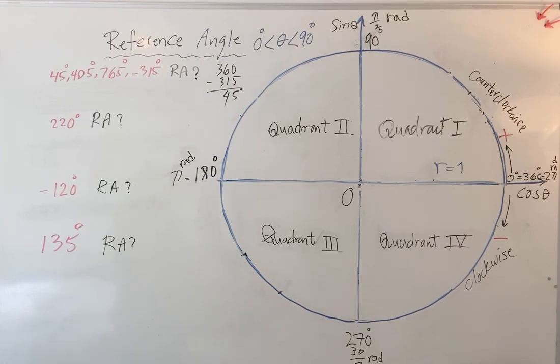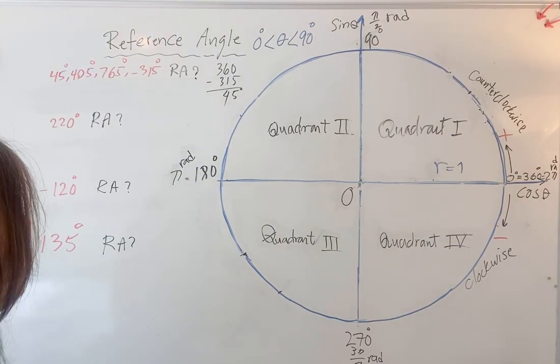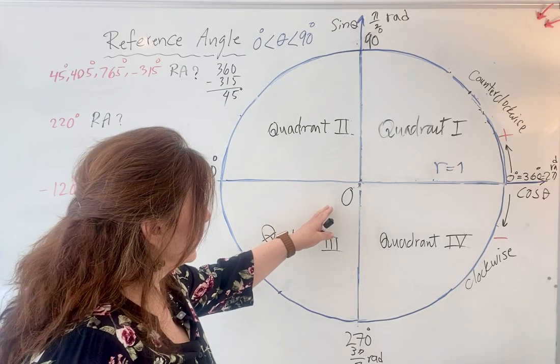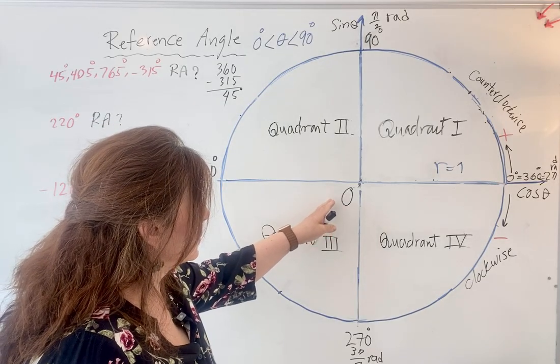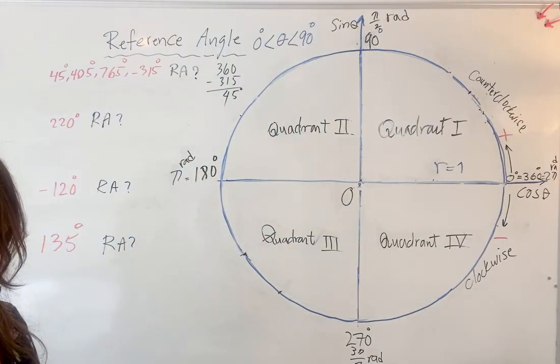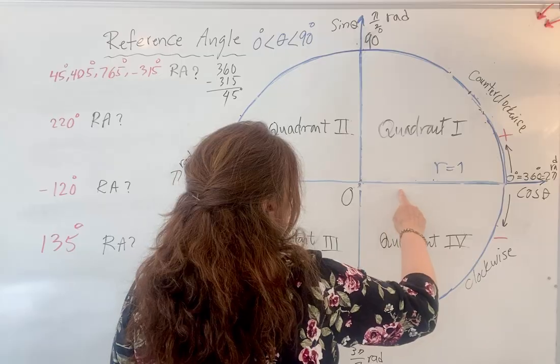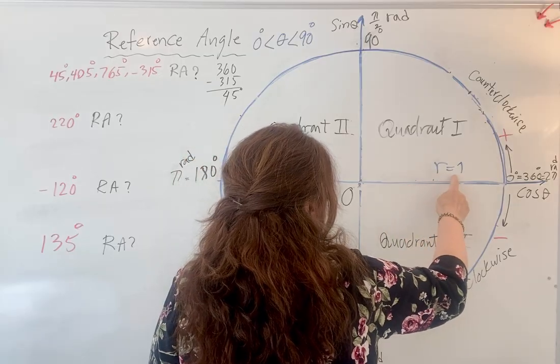In this video, I'm going to focus on reference angle, and I want to show this on this unit circle. But this is a very huge unit circle. We call this a unit circle because the radius is 1.